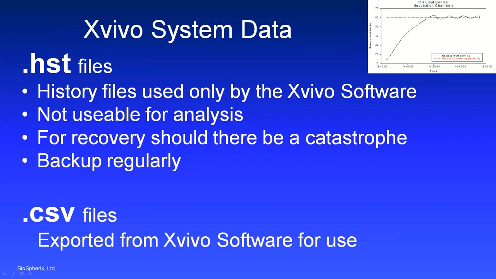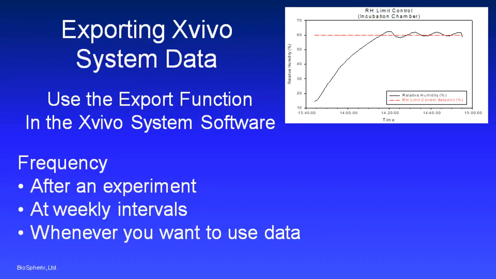.csv files are what we are able to export out of the Xvivo system in order to be able to use it for analysis in other programs. So it's important to also export your Xvivo system data if you want to be able to use it for, say, adding to the batch record of your cells or tissues that you're producing in the Xvivo system, or say, presenting to other people.